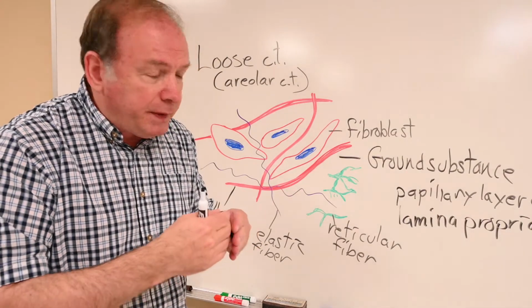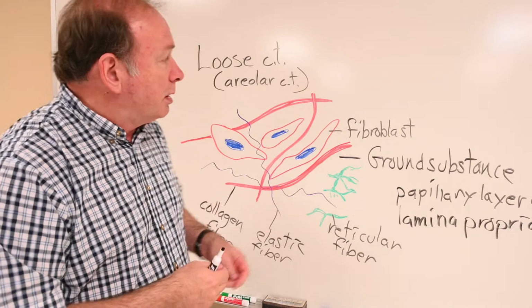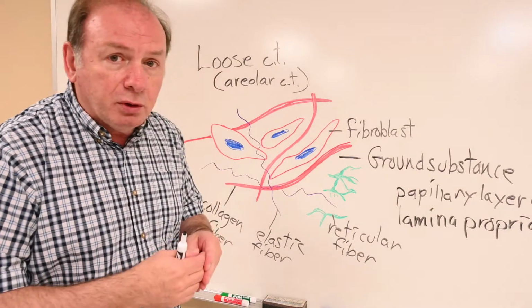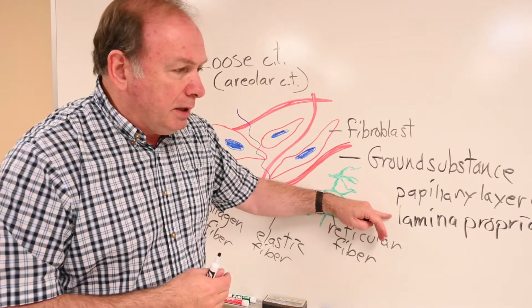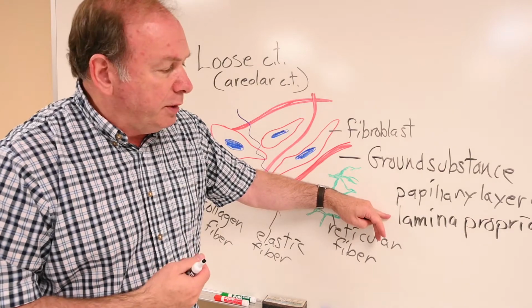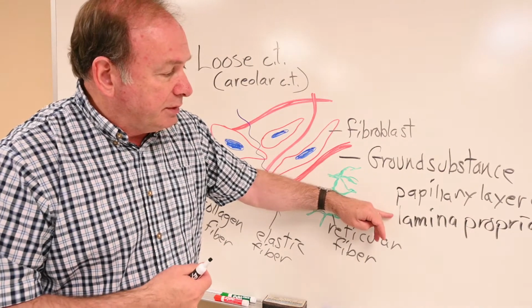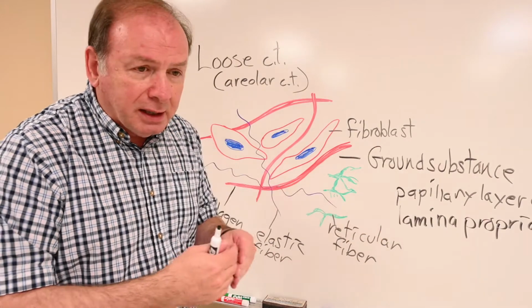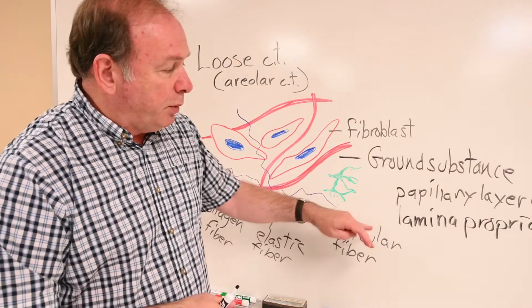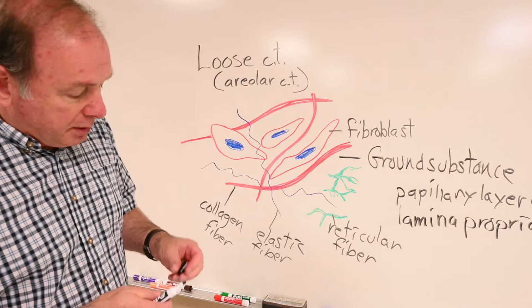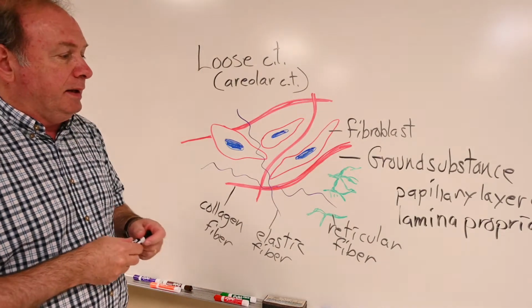Immediately beneath the epithelium, there's a supporting network of loose connective tissue. In any of the hollow internal organs, having respiratory, digestive, urinary, reproductive system, there's going to be a lamina propria connective tissue supporting the epithelium that lines the cavity in there.